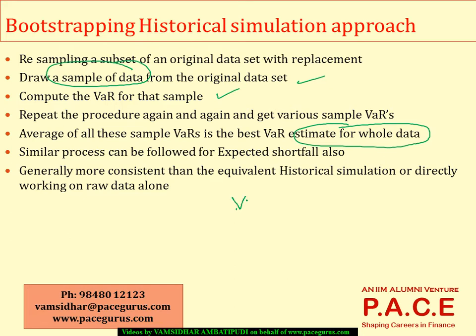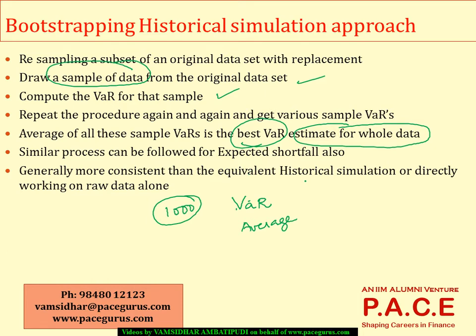First compute the VaR for each experiment separately, and repeat it, let's say 1000 or 10,000 times. Then simply take an average of all those VaRs, and that is the best estimate of the 1% VaR for our data.